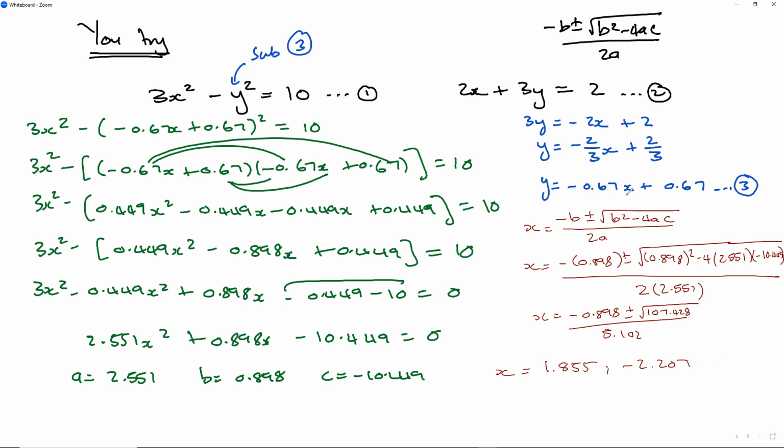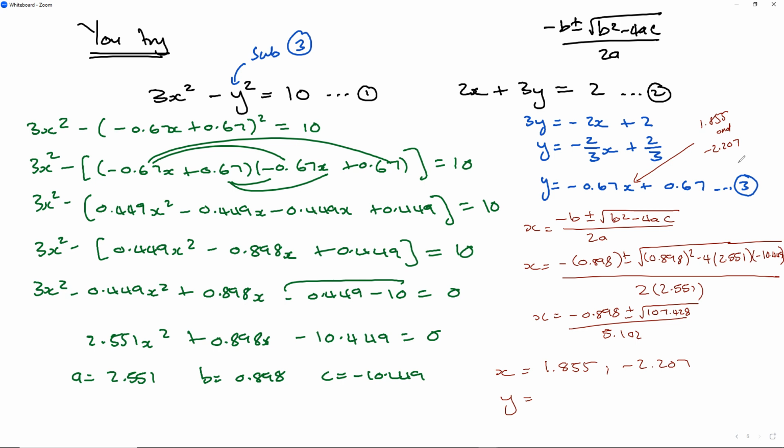And therefore, once I've substituted this into y, so put that in a calculator now and change x over here into 1.855 and negative 2.207, keeping that on a calculator.